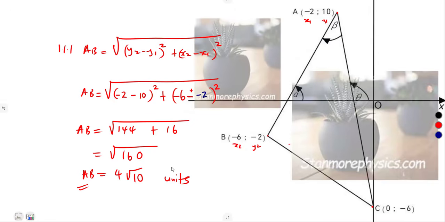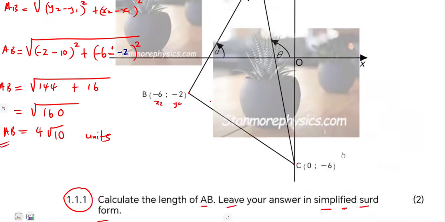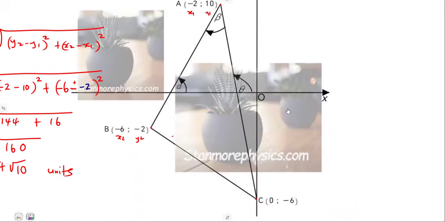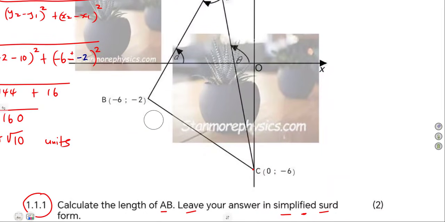So that is the length of AB in simplest form. So just consider the distance formula. And on 1.1.2, determine the equation of the line passing through B and parallel to AC. So it has to pass through the point B, all right?